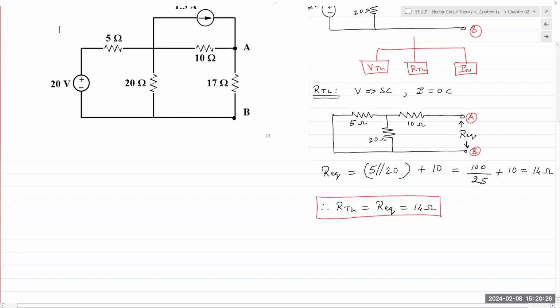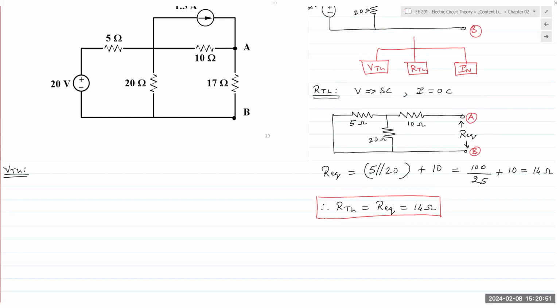Now, let's look at VTH, Thevenin voltage. And I would repeat again here, determining Thevenin voltage has nothing to do with the circuit on the right. We forget about that. And we go back to our original circuit. And this time, of course, we have our sources in there. Without a source, we would not have any voltage or current.